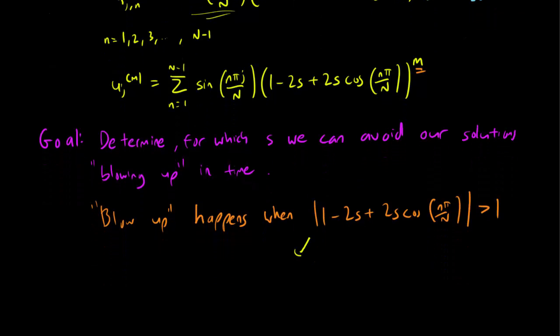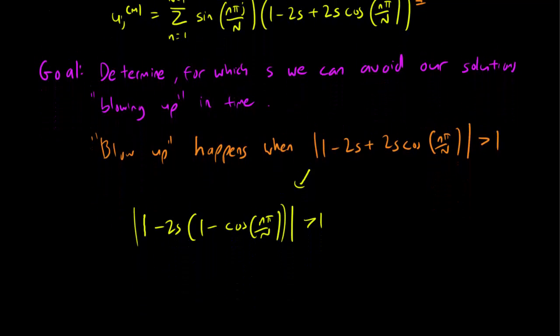So we can of course rewrite this as 1 minus 2s times bracket 1 minus cosine, greater than 1. You can factor out the 2s from the last two terms. And this gives us a certain amount of insight. So remember that cosine is always between 1 and minus 1. So it means that this term over here is always going to be positive, which means that the minus 2s term is always going to be negative.